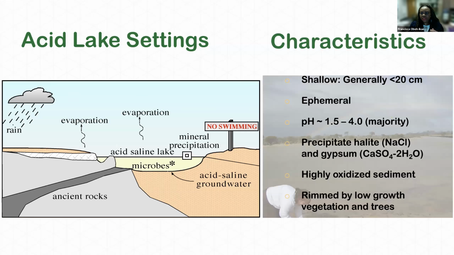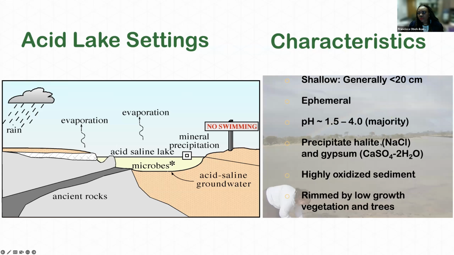The characteristics: very shallow, less than 20 centimeters in some cases. I don't swim, but I was able to go into these lakes. The water came to sometimes your ankle or maybe your knee. They were ephemeral with pHs that were mostly 1.5 to 4. These are really acidic. I mean, at 1.5, if you had a wound, it would sting you.